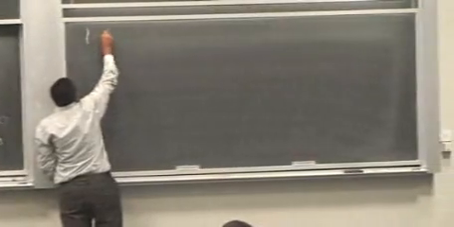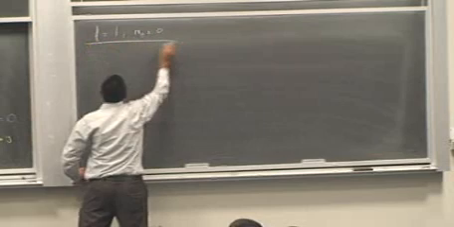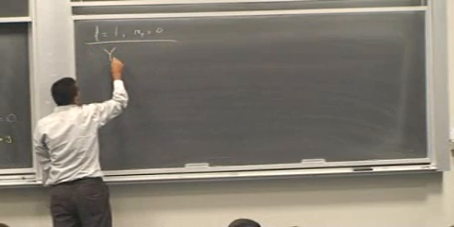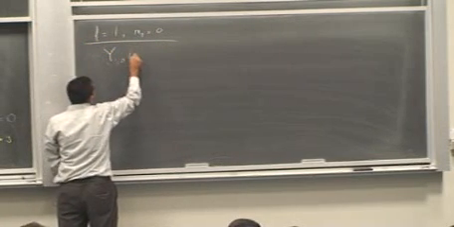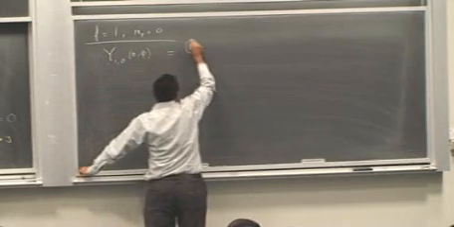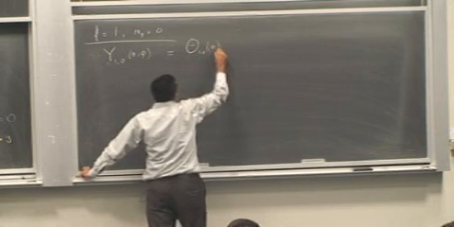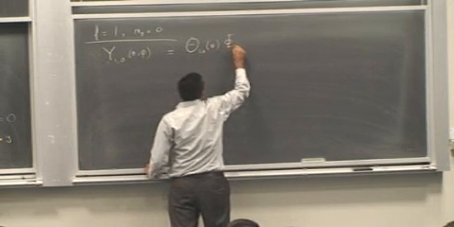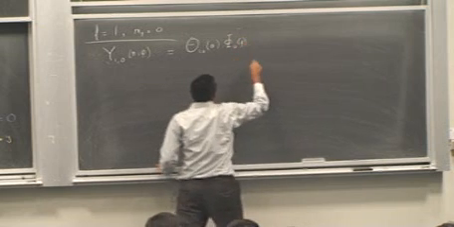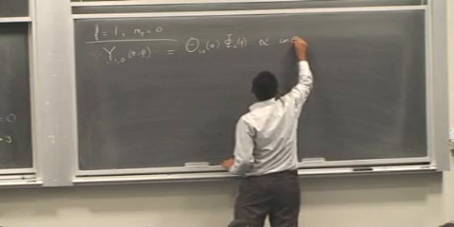L equals 1, ML equals 0. Theta phi, which is simply capital Theta 1, 0 of small theta, capital Phi 0 of phi. This is simply proportional to cosine theta.